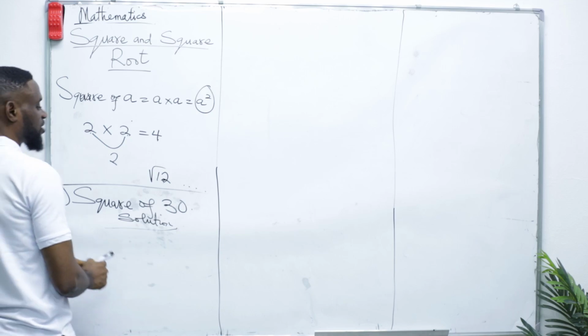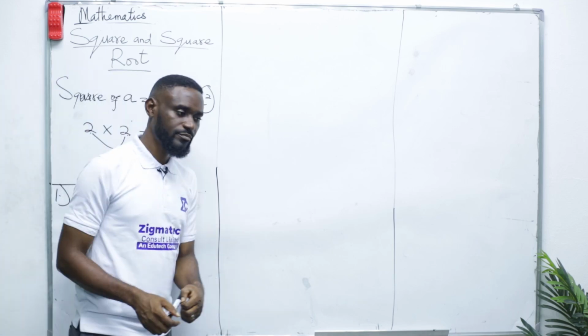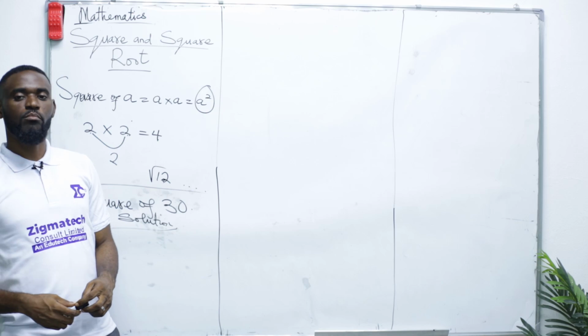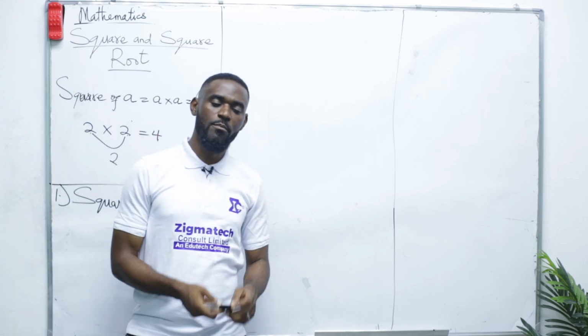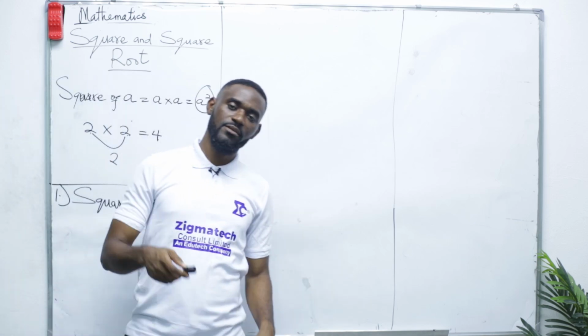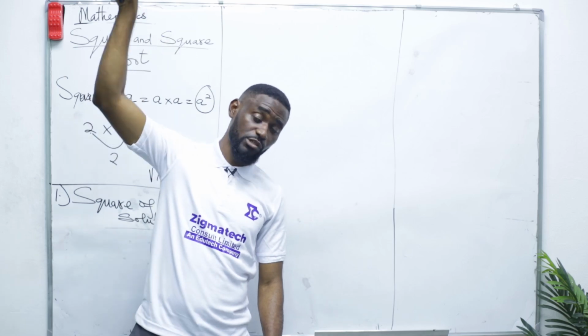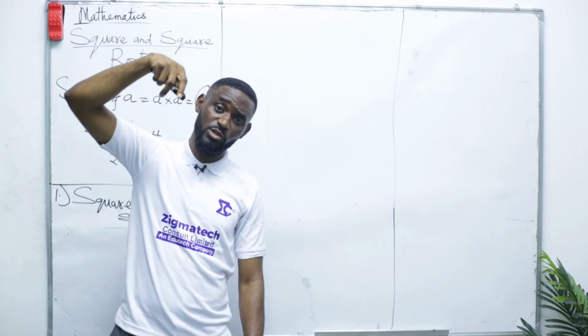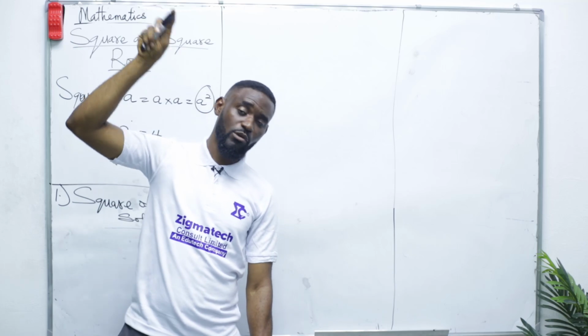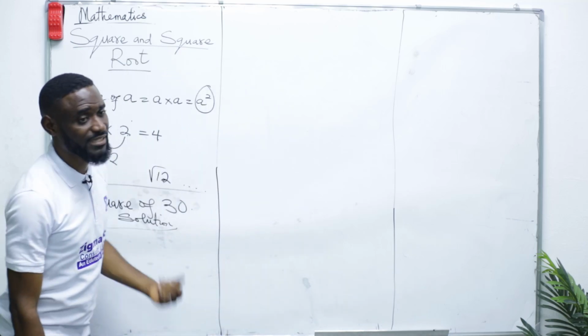Remember, from our definition of a square, it is to multiply a number by itself. The product of a number that is multiplied by itself is the square of that given number.